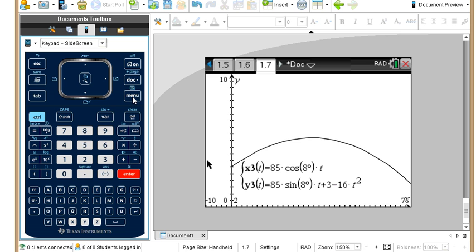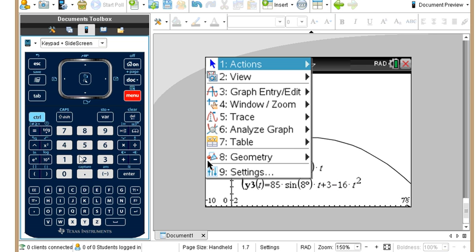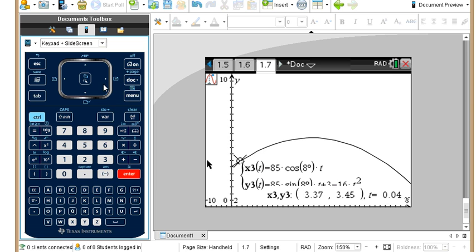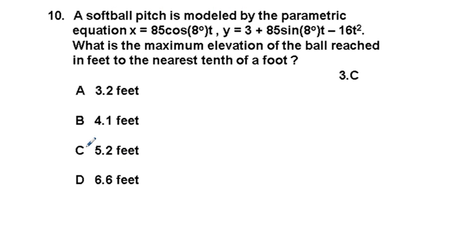So if we go to menu, trace, graph trace, we can just trace in time to the right. We're getting a maximum height of about 5.19, so 5.19 is the highest we see right here. And 5.19 feet is approximately equal to 5.2 feet. So our best answer is C.